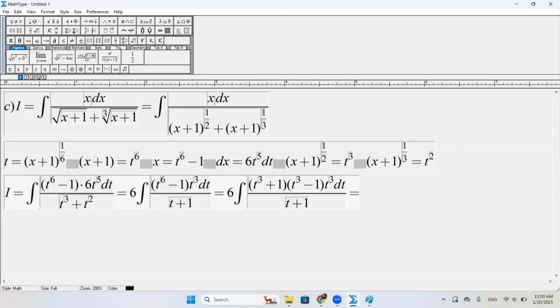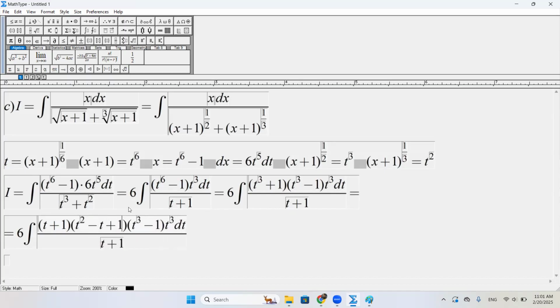Here is a sum of cubes: t cube plus 1 equals t plus 1 multiplied by t square minus t plus 1. And now we can just cancel the denominator, and we will receive just a polynomial.